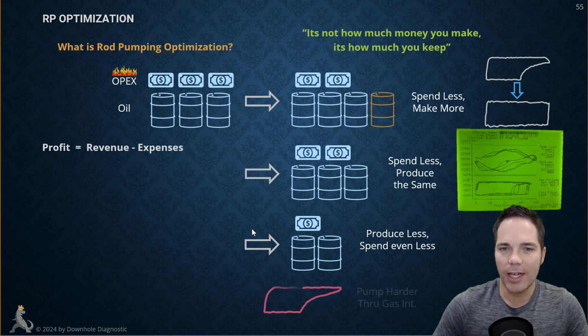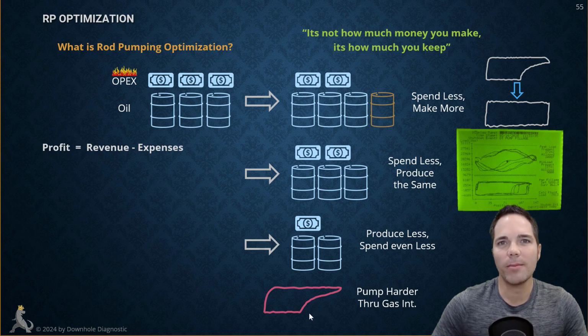And there's one more scenario here where I don't have all the icons generated for it, and it's with gas interference. So the best thing you can do with gas interference is you can take it from this state to where you eliminate the free gas in the pump and have 100% fillage, but you're not going to be able to do that until you pull the well and get the equipment out. And so if you've ever pumped wells with gas interference, you're probably pretty familiar with the fact that if you pump it harder through the gas interference, you're going to get more production.